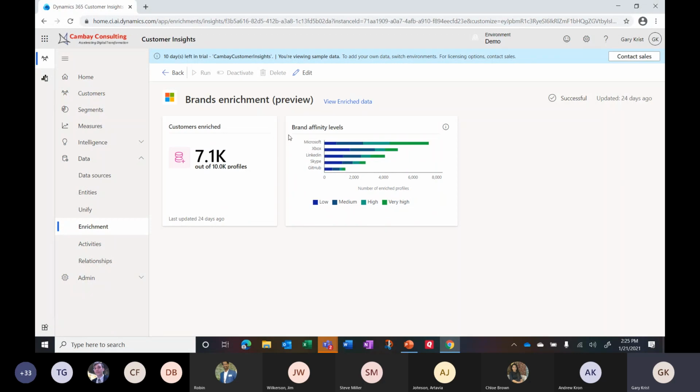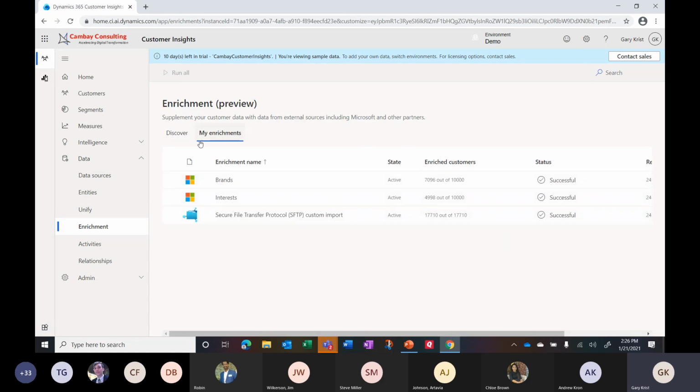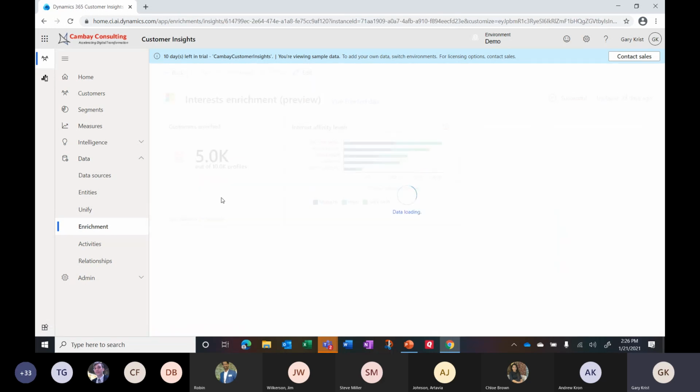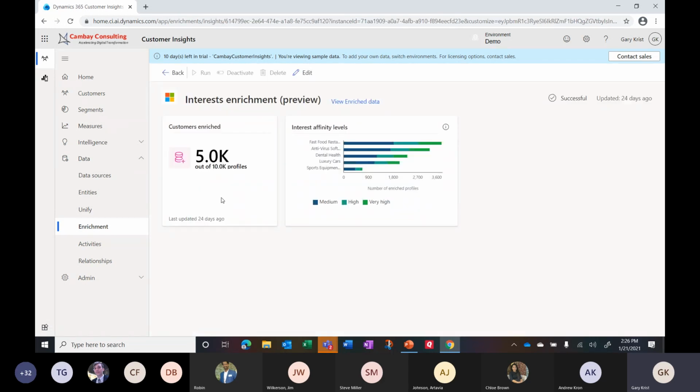As we look at brand data, this customer has an affinity to purchase these types of brands based on the information we have on file for them, based on their demographics, the size of their company, their purchases. Whatever those demographics are, we can build that criteria as part of our enriched data, and also interest. Based on the customer demographic, these are the types of things that this customer might be interested in.